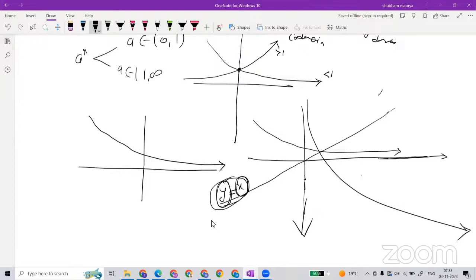Let's see it here. Let's try to visualize the symmetry. I took the tougher one, where a belongs to 0 to 1, so the symmetry is difficult to see here. But let's see how the symmetry is happening. This is the y equals x line, so all of these will intersect at a single point.